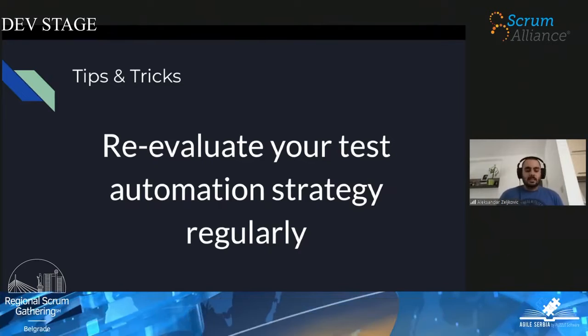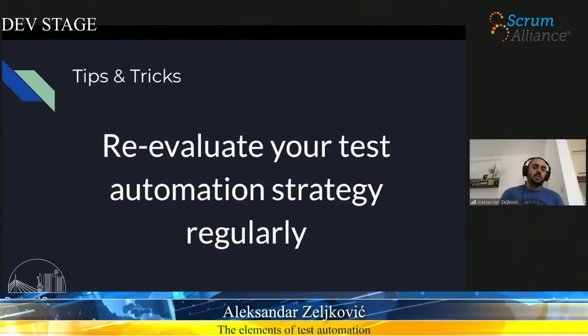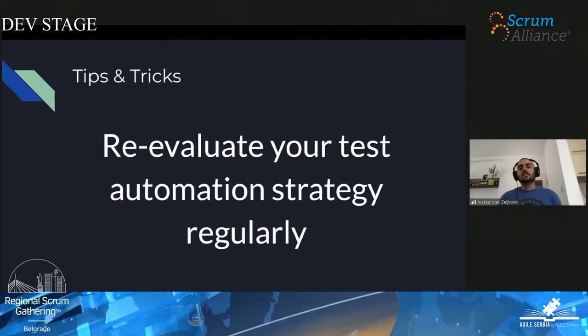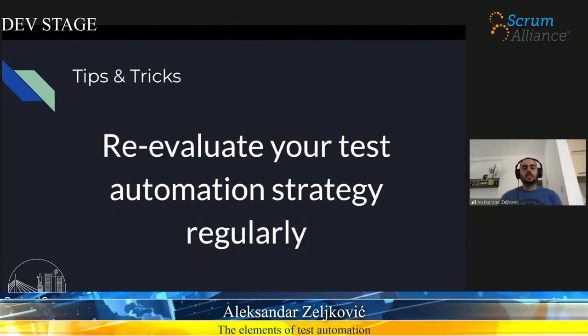A lot of things are changing, so your test strategy needs to be a living thing as well. So from time to time, just stop, take a step back and take a look. Is your current test automation strategy still the most appropriate test automation strategy for your current circumstances? Because very often it's not.